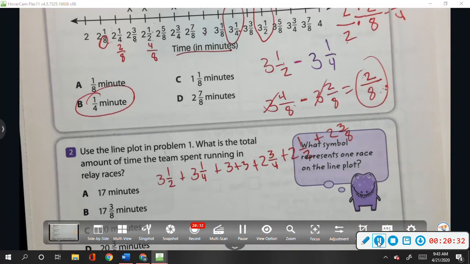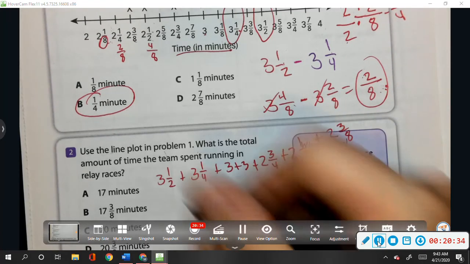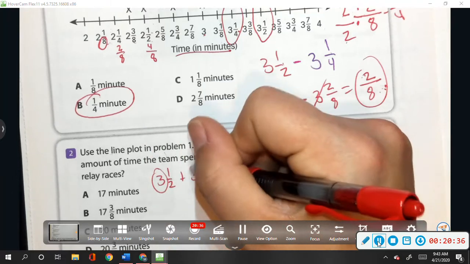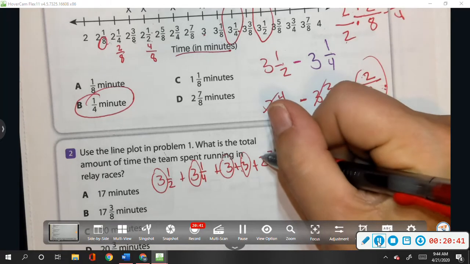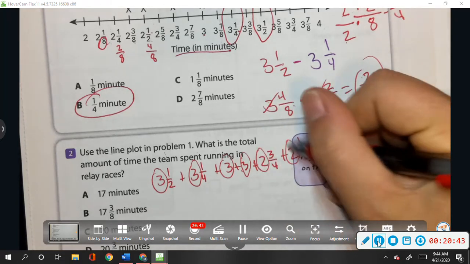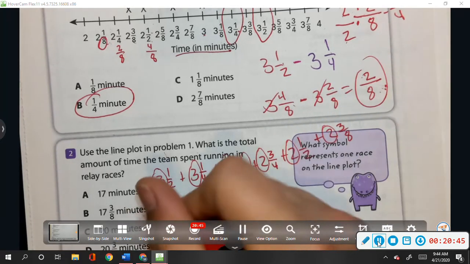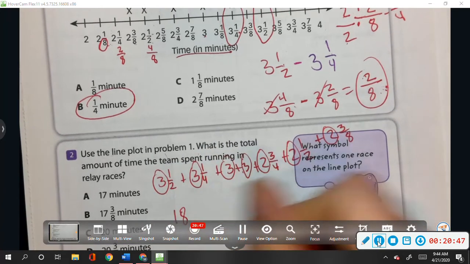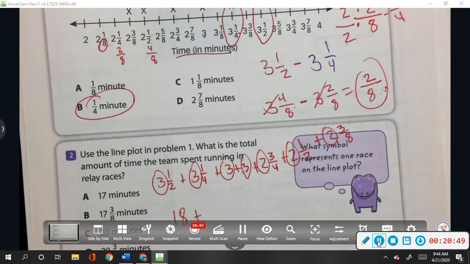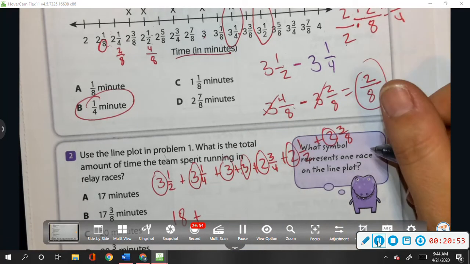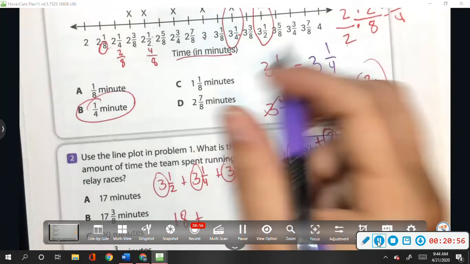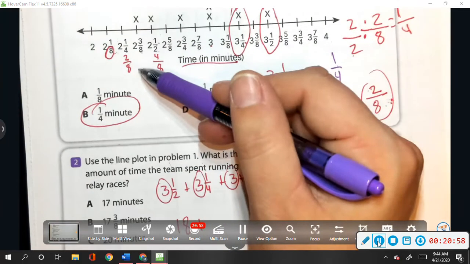All I'm going to do is pull my whole numbers out real quick. That's 3, 6, 9, 12, 13, 14, 15, 16, 17, 18. So my whole numbers equal 18 plus my fractions, which have different denominators. So I'm going to use my key that I made up here.